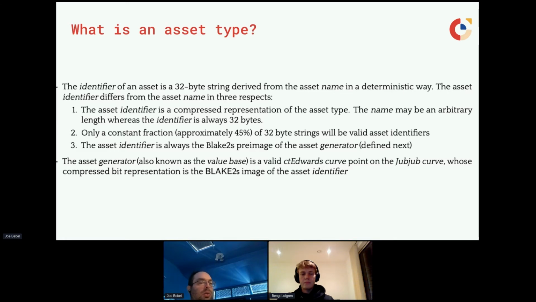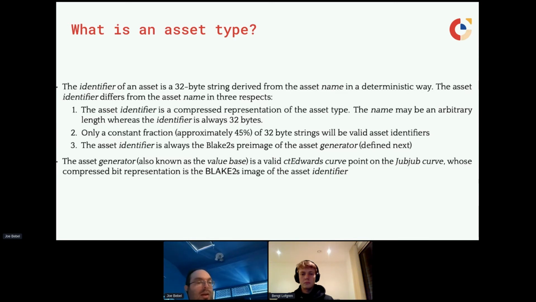And we're going to impose some really strict requirements on the asset identifier for some technical reasons. Namely, we're not expecting that the asset identifier will be like a token address or anything like that, because the asset identifier is specifically 32 bytes, a compressed representation. It's not going to include all this arbitrary data.